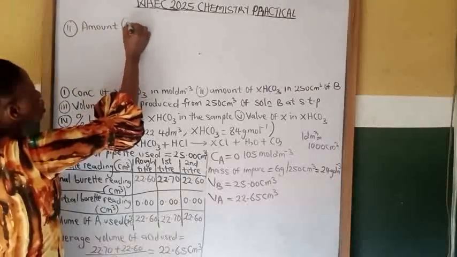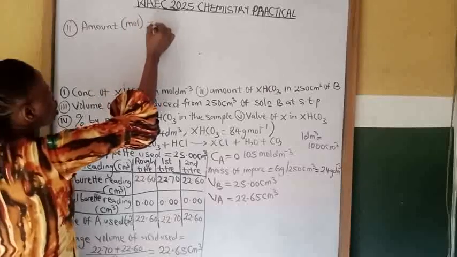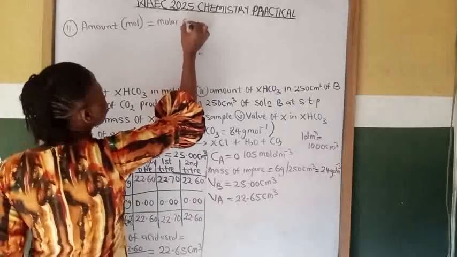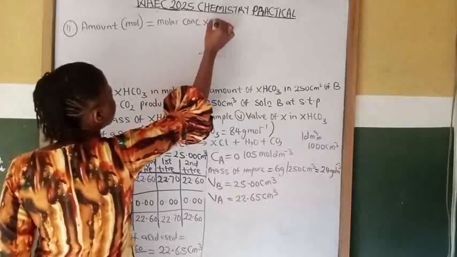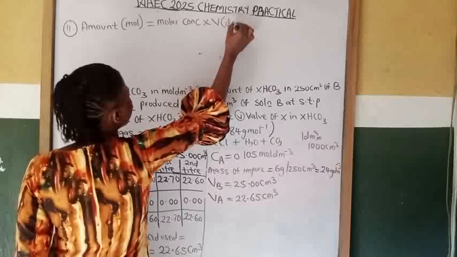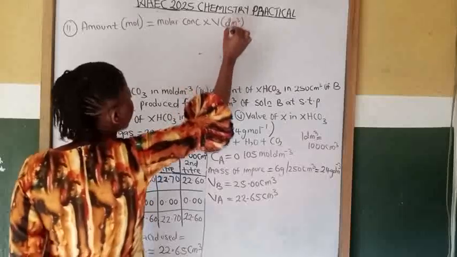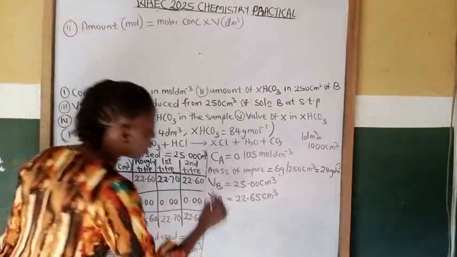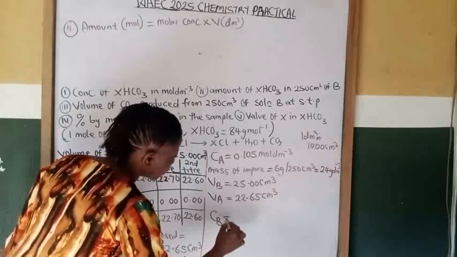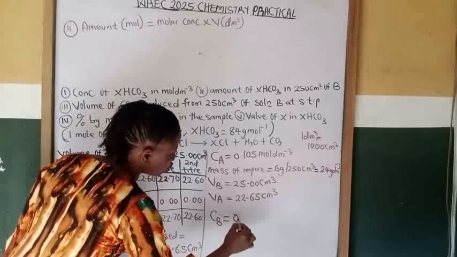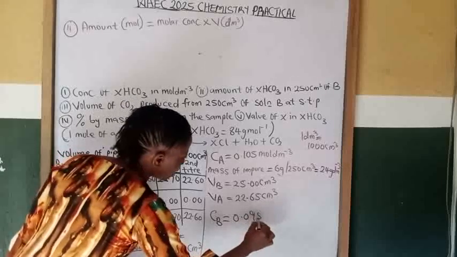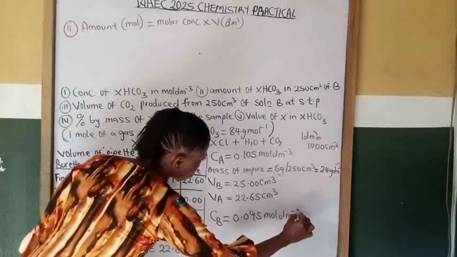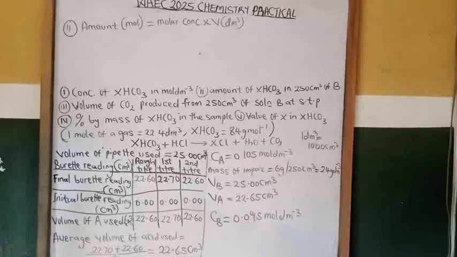Amount in mole, the unit is mole, is equal to molar concentration times volume in dm cube. Then we have gotten the molar concentration of base now, which is our CB. Our CB is equal to what? 0.095 mole per dm cube.